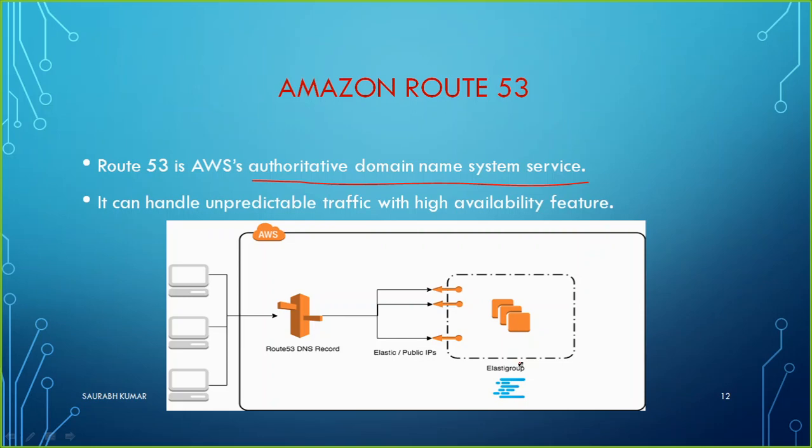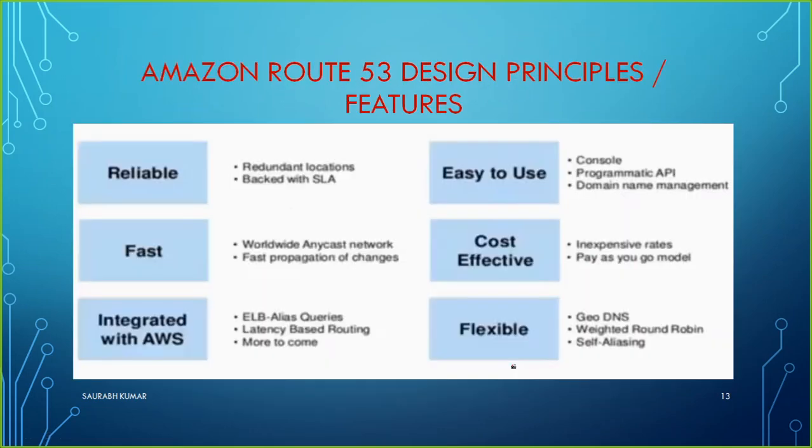Now next, let's have a look at what the features of Route 53 are, what the Amazon features are. Here we can see some of the features. The first feature is reliable. Route 53 is very reliable and redundant. Why am I calling it reliable?